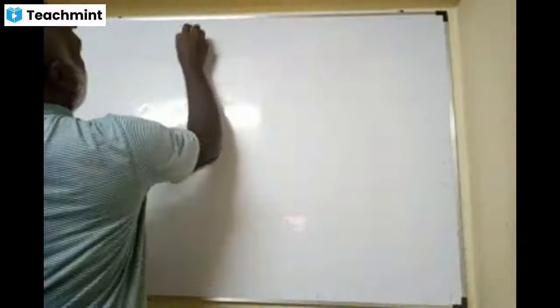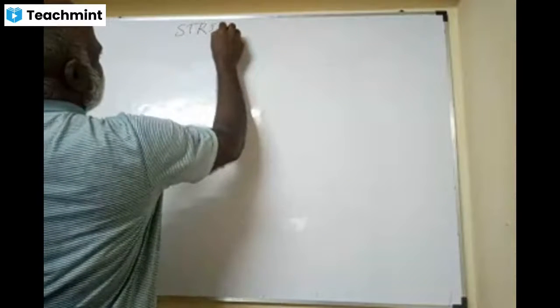Now I'll start with what is basic. The new thing we are going to learn in the 11th standard is the mathematical way of talking about a line. Straight lines.